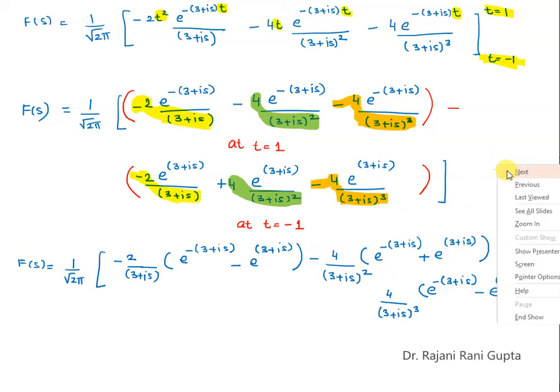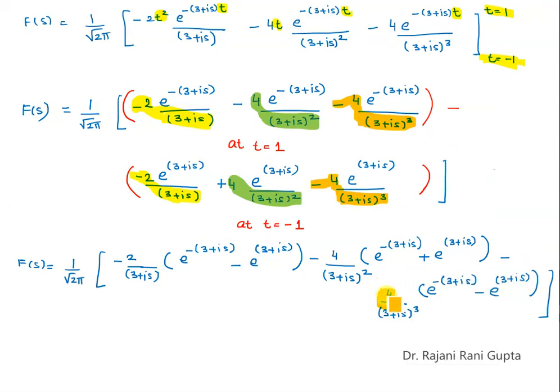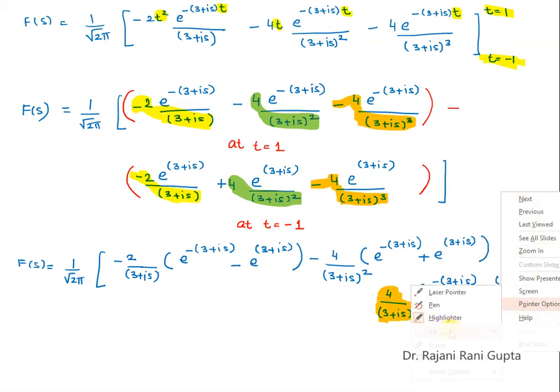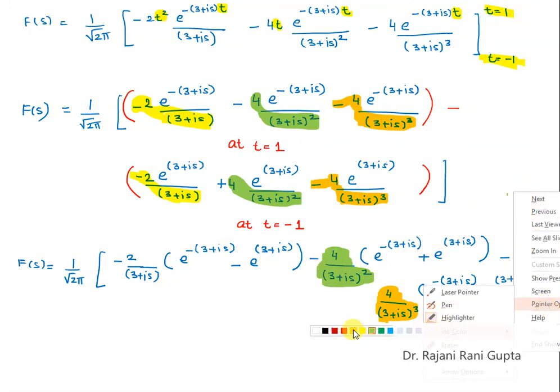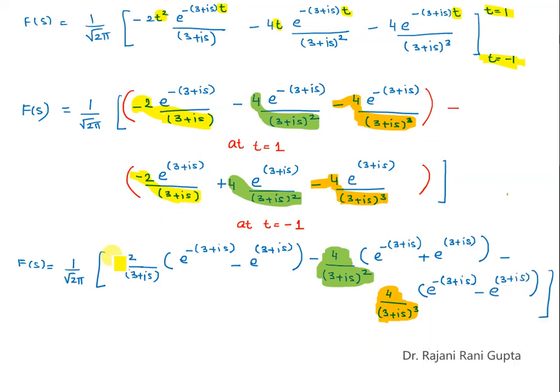So what we can see here is that we took this as common from the last term, and here we took this term as a common factor from the middle two terms, and in the first one we have taken minus 2 over (3 plus iota s) as a common factor.